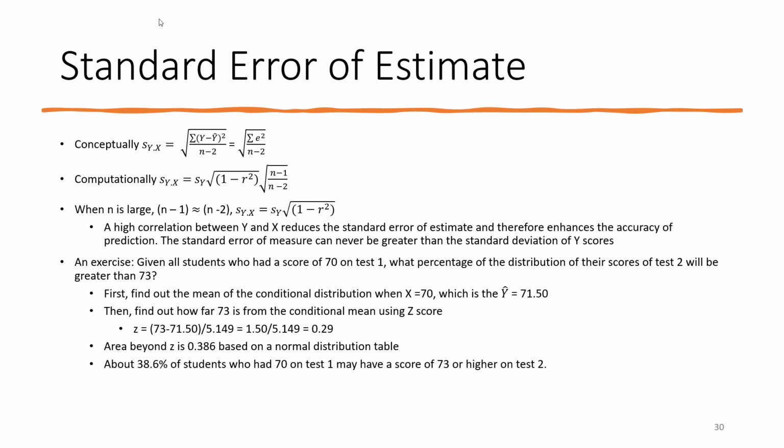For example, for x equals 70 in our example, the predicted y value is 71.5. So we know that the conditional distribution of y has a mean of 71.5 at x equals 70.